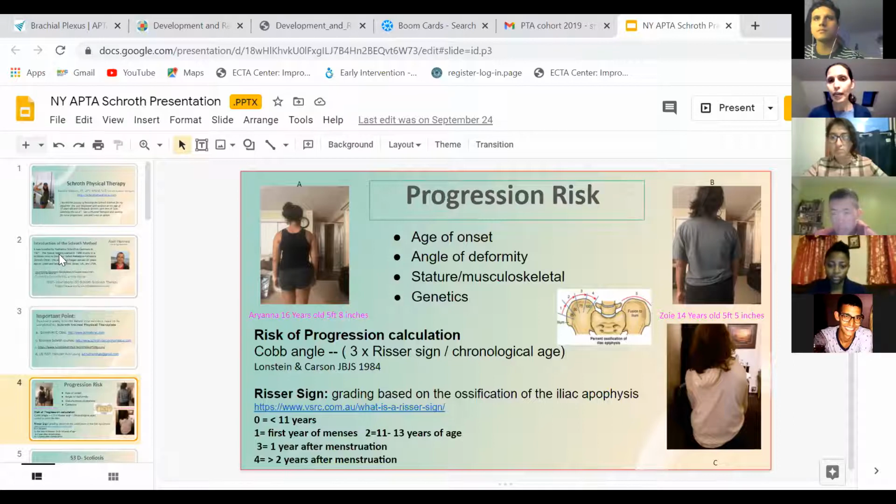As the Risser sign goes beyond and you have more maturity, in other words there's less growth potential, you as a therapist also have to understand you will have less optimal change. So that's where the Risser sign is, and we usually factor this into our treatment plan.